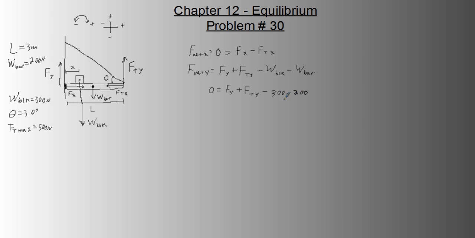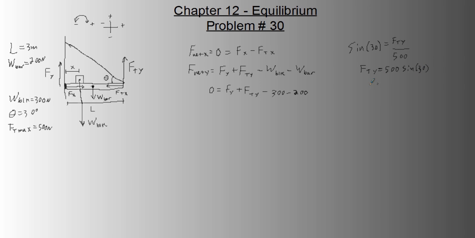While we're at it, based off this angle, we can figure out what Ftx and Fty are according to the maximum tension. So let's do that. Opposite is sine. So sine 30 equals Fty over the tension, max tension force along the hypotenuse that way. It's going to be 500, so this is over 500. So Fty equals 500 sine 30.